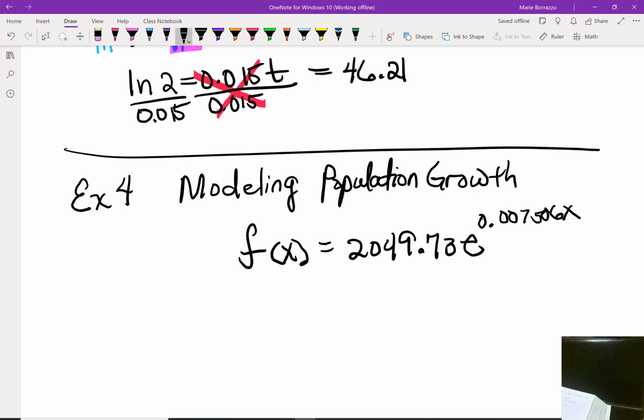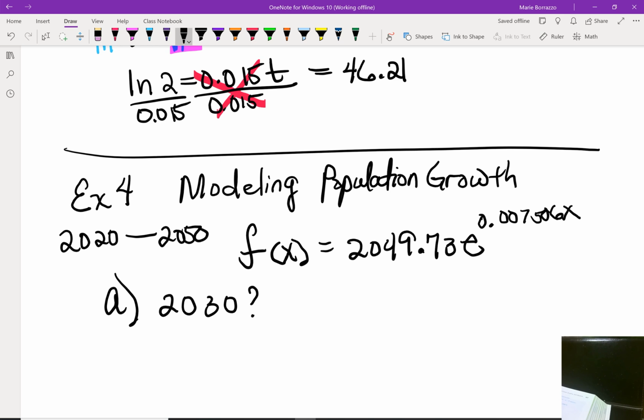So they give that to you. They say here in part A, what would be the population in 2030? Understand that this is showing the population model from 2020 to 2050, so that's the date range they're giving us here.